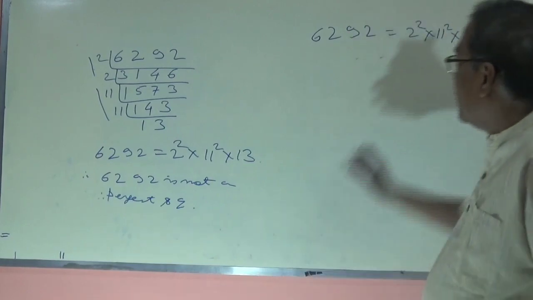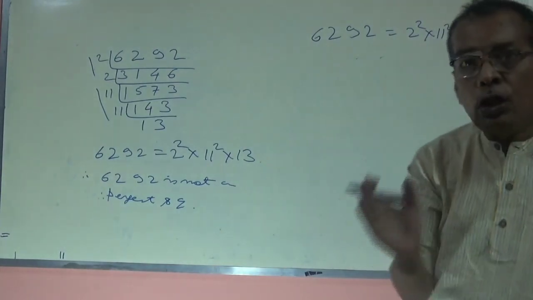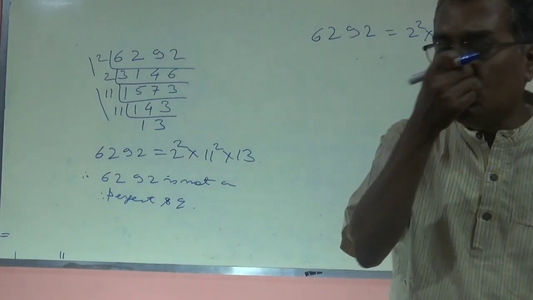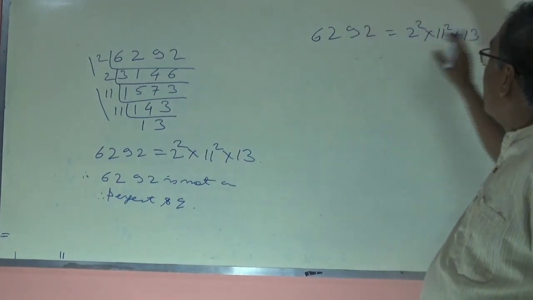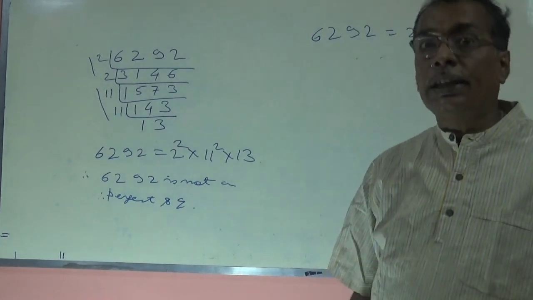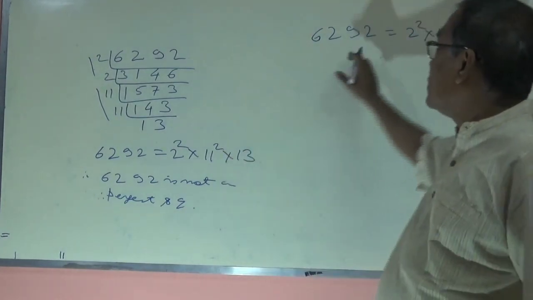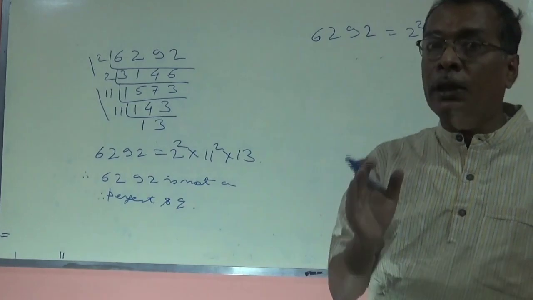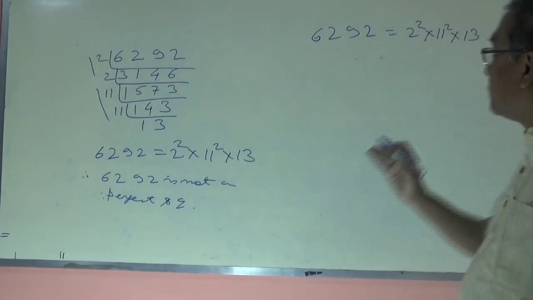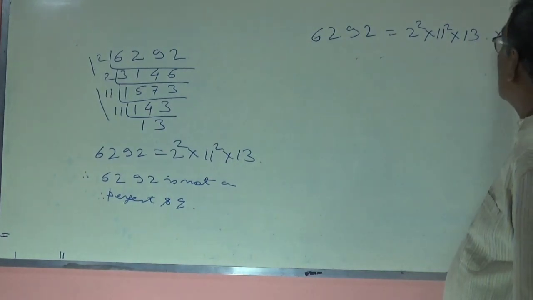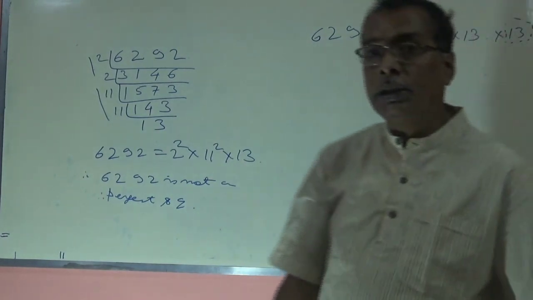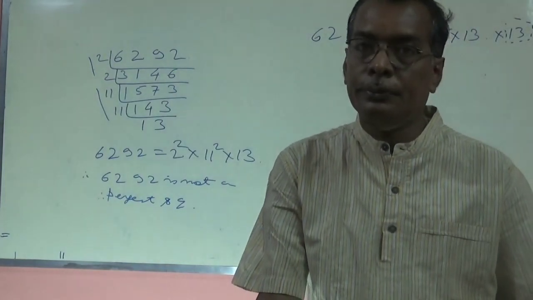Here I am finding that 13 is actually the odd man out. It should be square. So to make this number a perfect square, naturally 13 square should come. Then how much is required to multiply to make this number a perfect square? That is only 13. I think it is clear. If we multiply this one by 13, then it is going to be a perfect square.